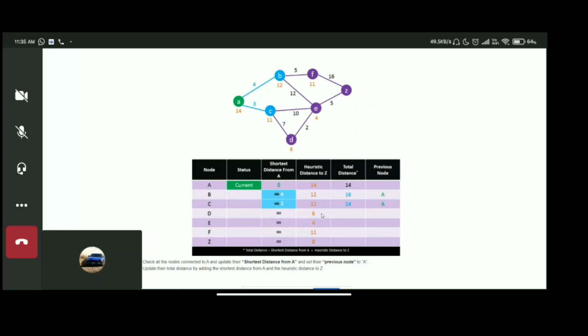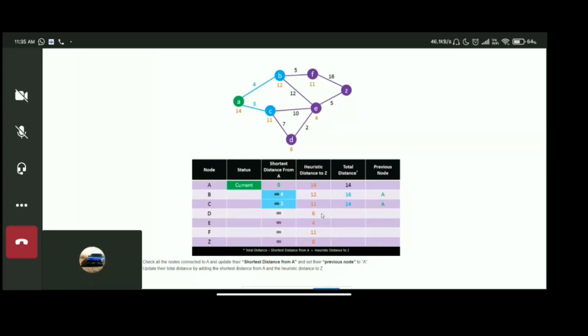So you will calculate the path: 3 plus 10, that is equal to 13. The path ACE will cost you 13 plus 4, and path ACD will cost you 3 plus 7 plus 6.